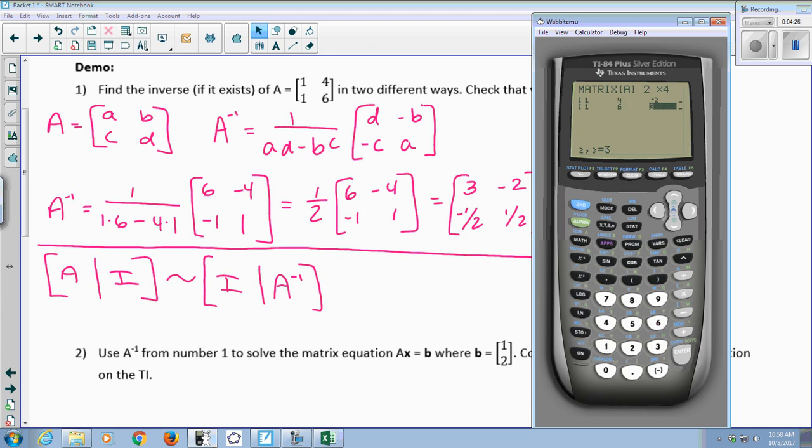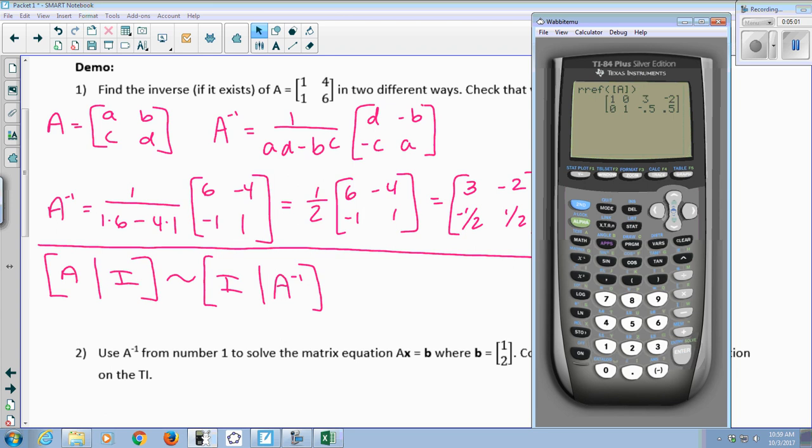And then in my next 2 columns, I'm going to put the identity matrix for a 2 by 2, which is 1, 0, 0, 1. So quit out of there, and then I'm just going to RREF that. So I go second matrix, math, go down to RREF, and choose matrix A.